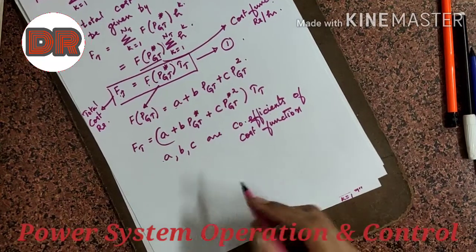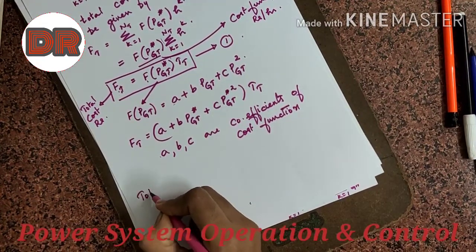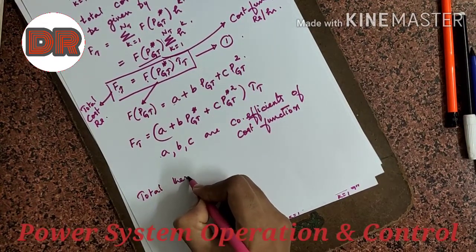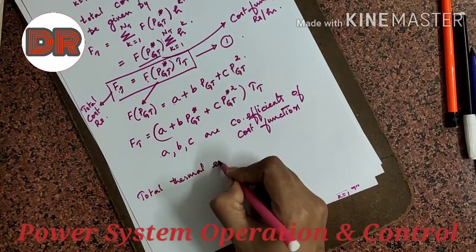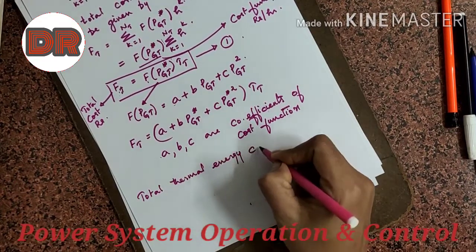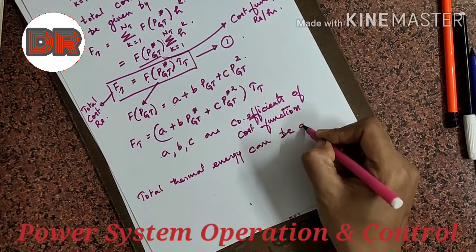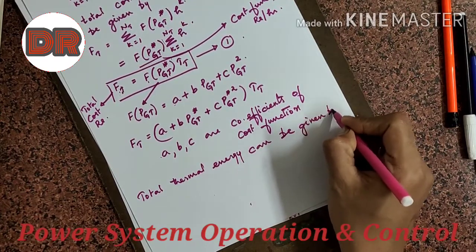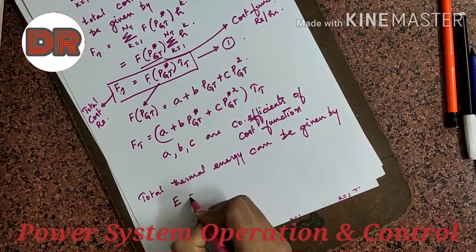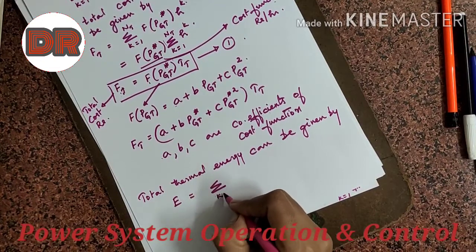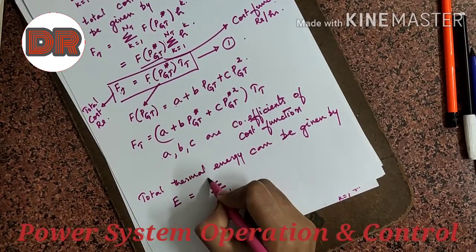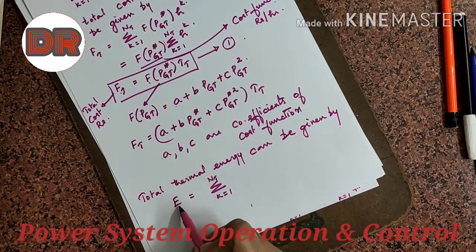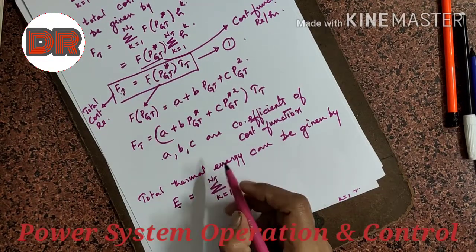So now total thermal energy can be given as, we have written this previously, E is equal to summation K is equal to 1 to NT. Here I have taken E for thermal energy.